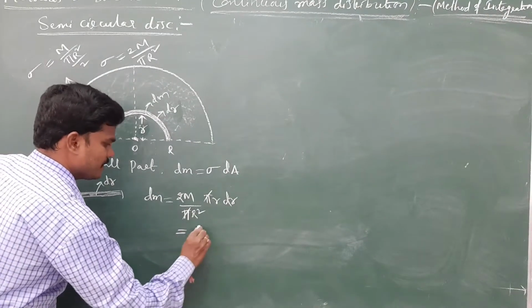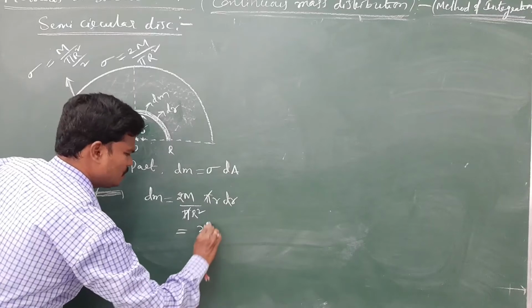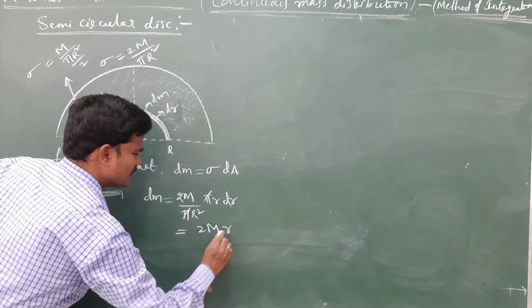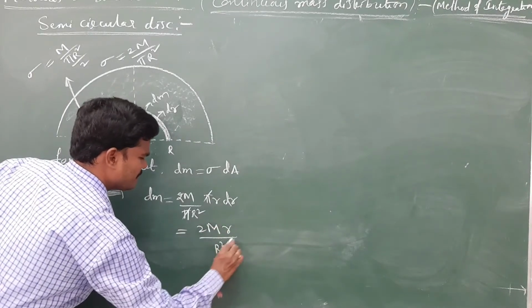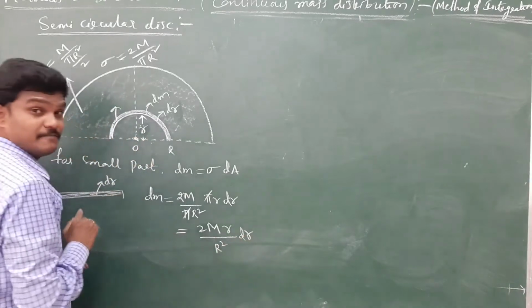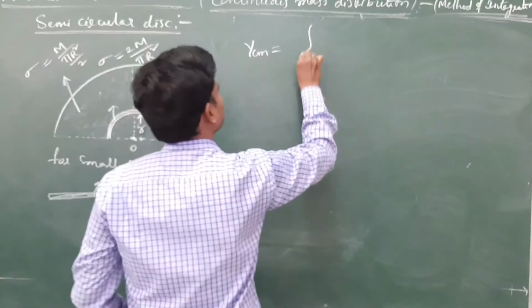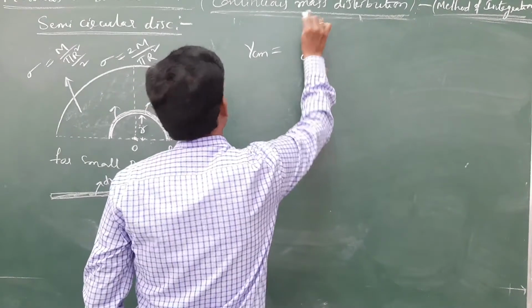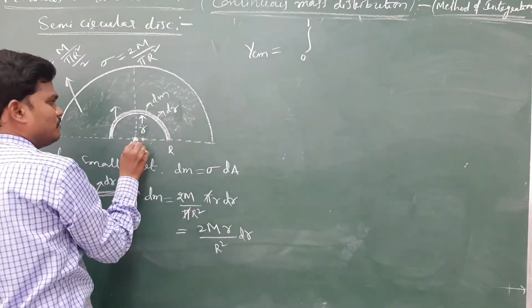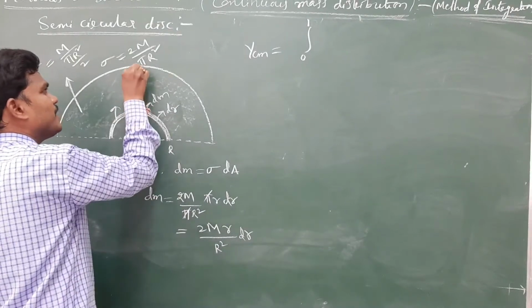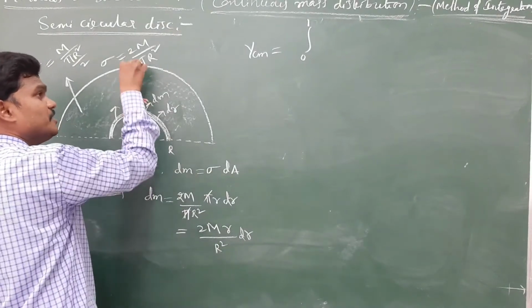Then 2m small r by capital R square dr is the dm value. Now apply the integrations. YCM is equal to the integral from 0 to the maximum. See, this is r; from here to here is r.